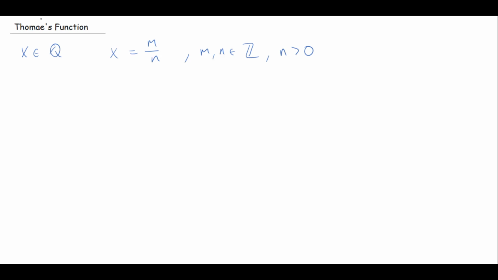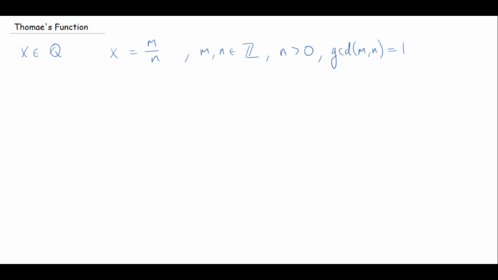But also, it could be that m over n looks like something like 4 over 10, in which case I could reduce it to 2 over 5. So I want to assume it's reduced. So I'm going to furthermore assume that the greatest common divisor of m and n is equal to 1.